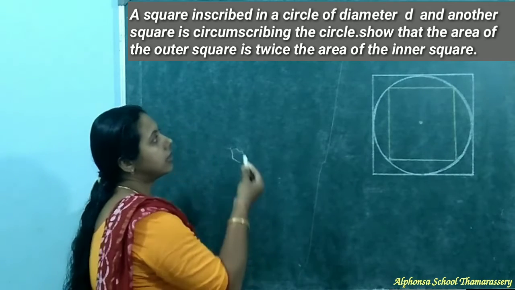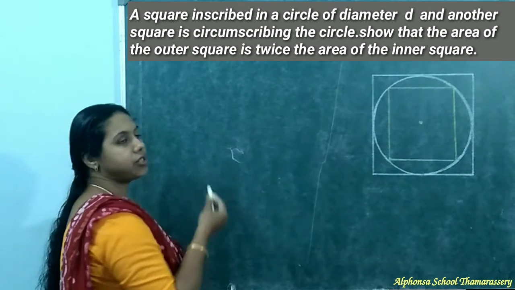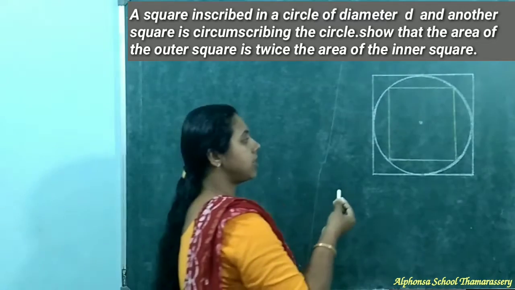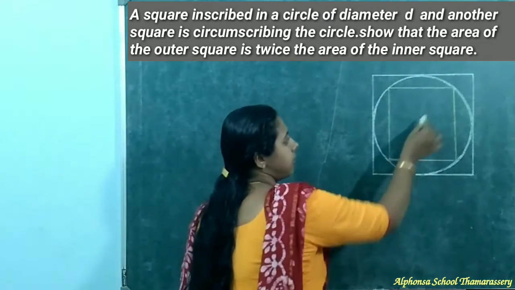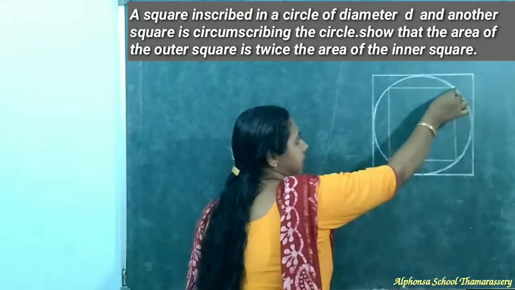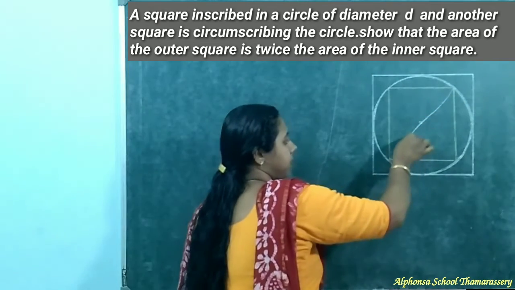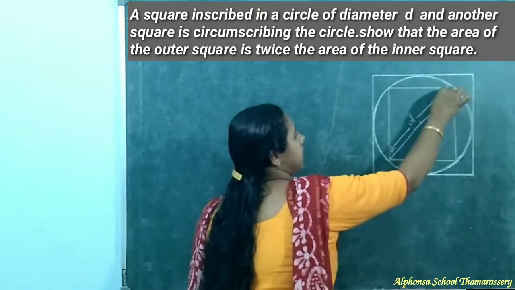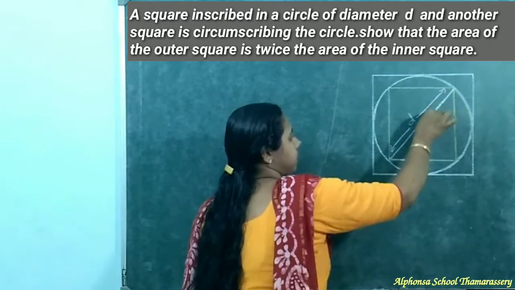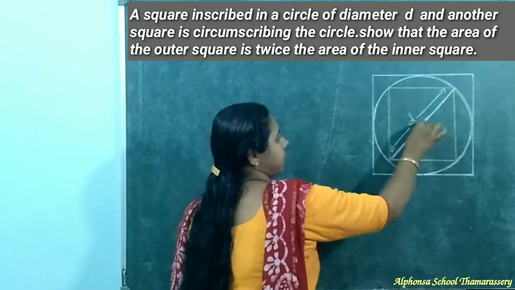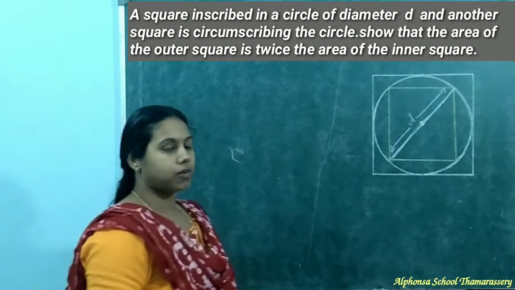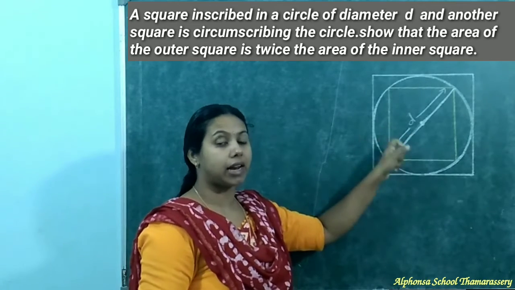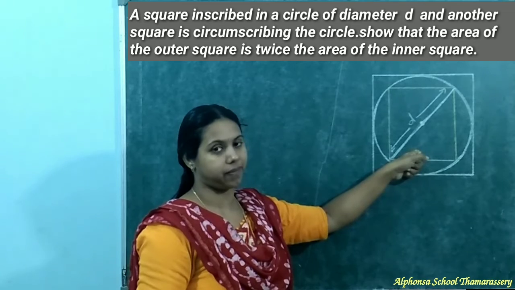Here it's given for you the diameter of the circle is d centimeter. So this will be the diameter of the circle. This length is d units. So the diameter of the circle is equal to the diagonal of the inner square.